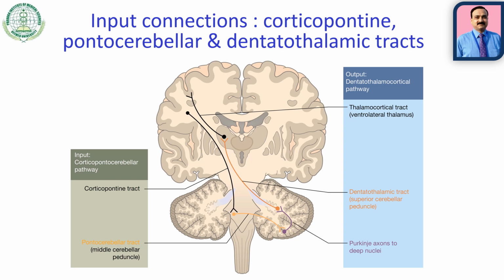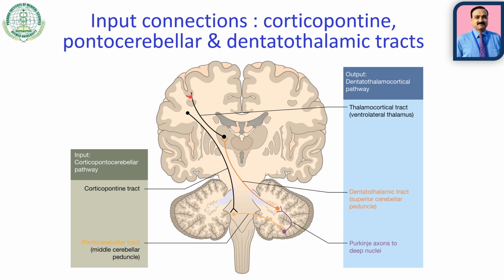The output pathway is, you can see here, the Purkinje axons to the deep nuclei, then the dentatothalamic tract through the superior cerebellar peduncle to the thalamus, and from the thalamus you can see here to the cerebral cortex.